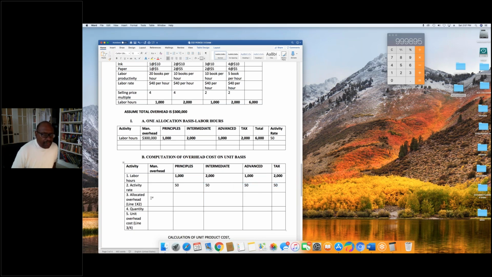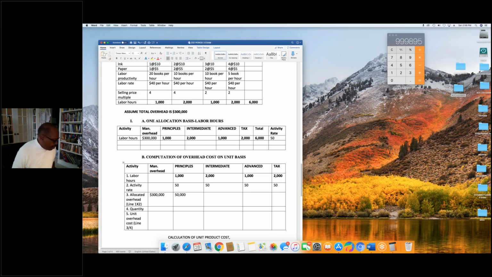Now to allocate the overhead, we have to come up with a total of 300,000. We simply multiply the labor hours times the activity rate, line 1 times line 2. For the Principles book, it's going to get 50,000.